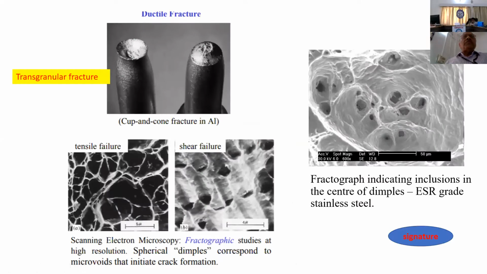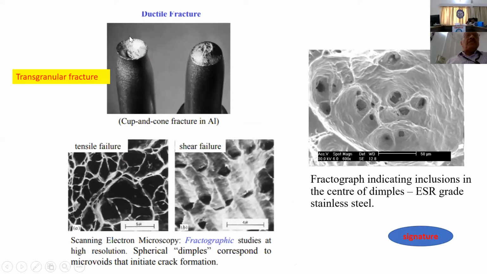So a macroscopic view of a sample which has been tensile tested is shown here. It is typically called cup and cone fracture. Why is it called cup and cone? See, one part looks like a cup and the other part looks like a cone, at low magnification. This is a typical ductile failure in tension.